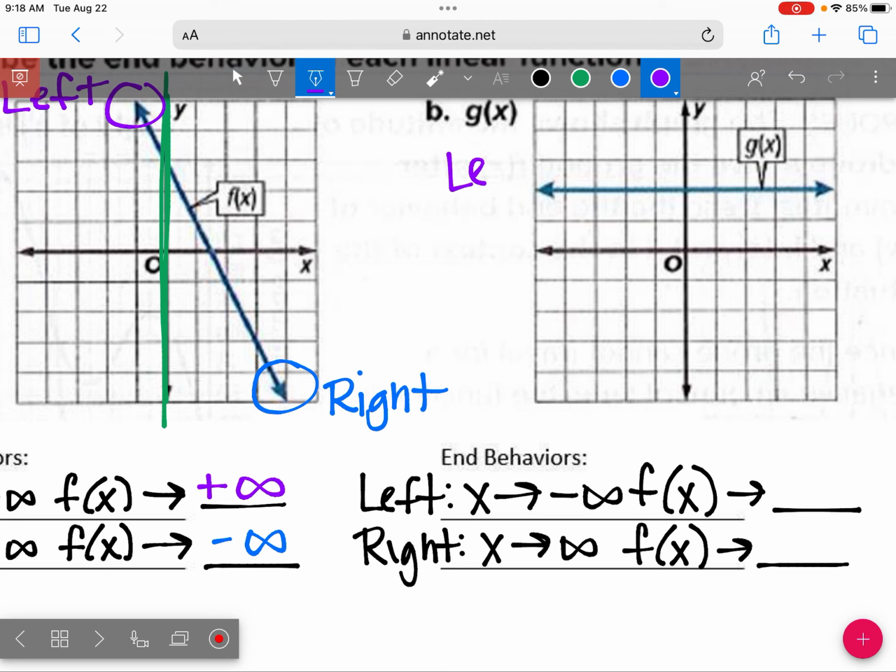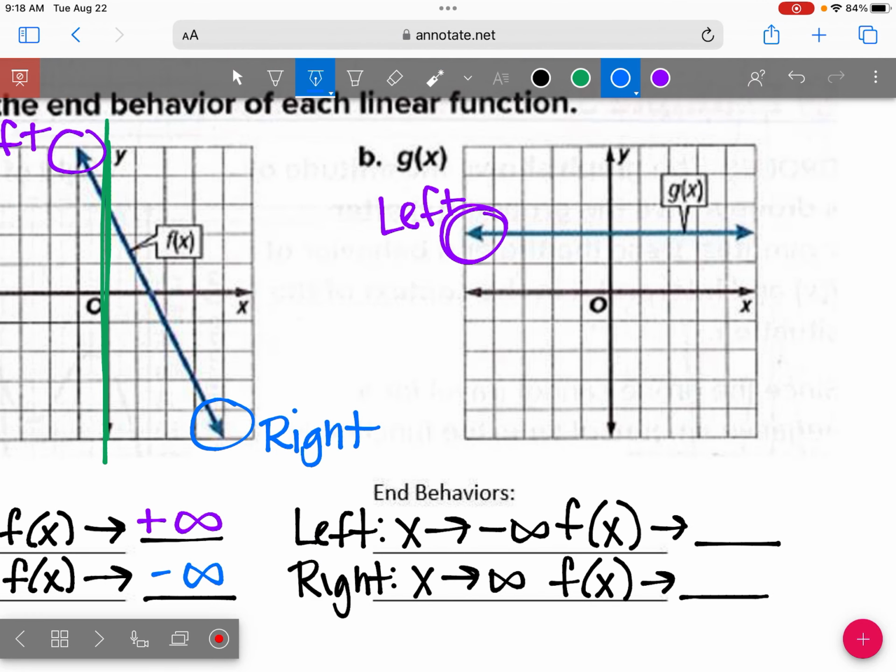This is my left arrow. This is the right arrow. I'll give you a minute to write that out, and then we'll figure out what the graph is doing.